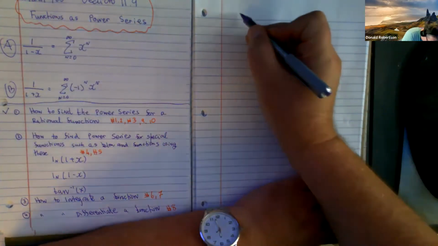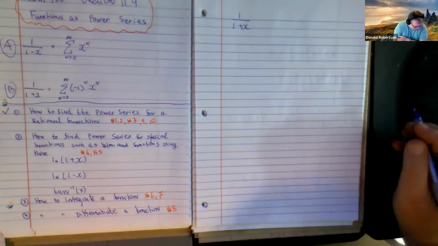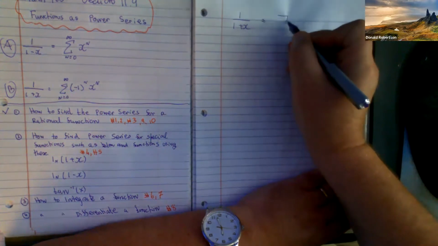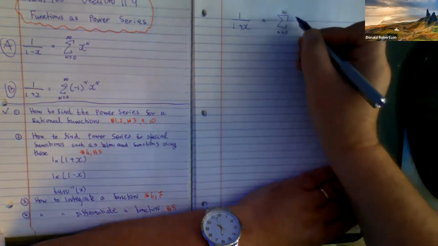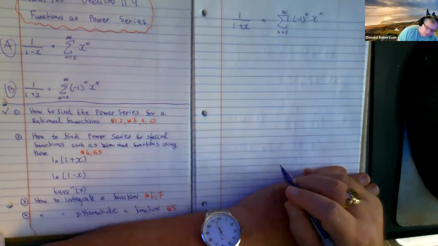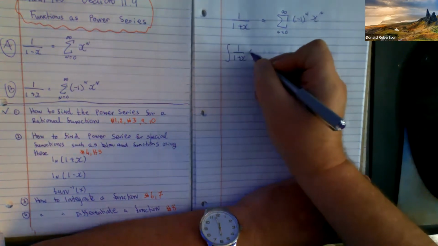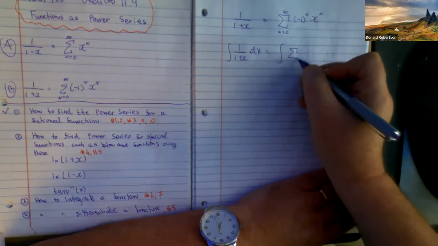Okay, let's try it again. I want to take this guy as my starting point. And I know he is sigma n equals 0 to infinity, negative 1 to the n, x to the n. And I will integrate him. And so I will integrate his power series.